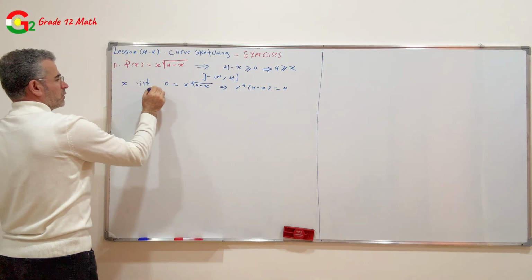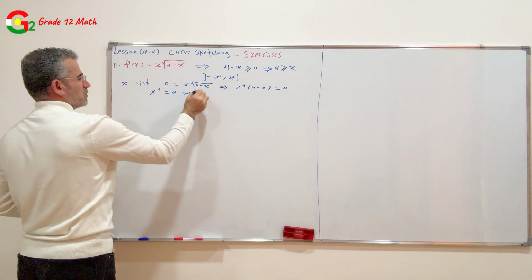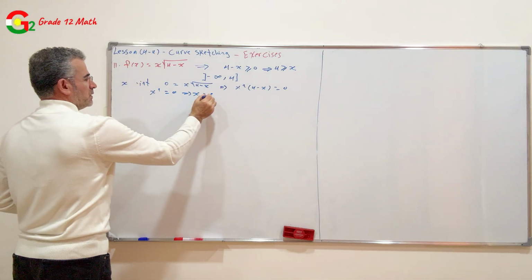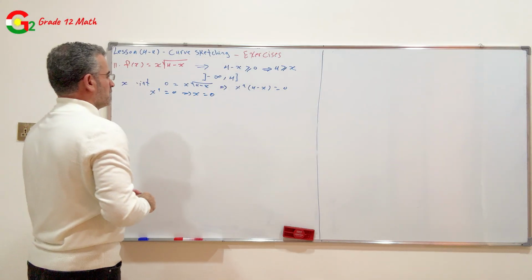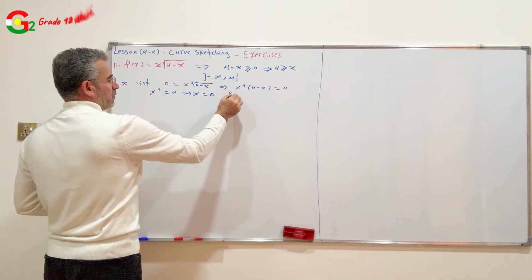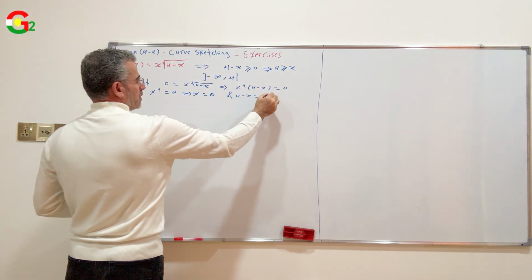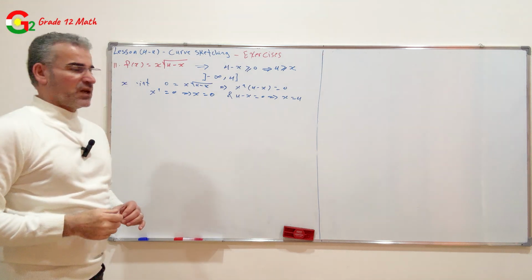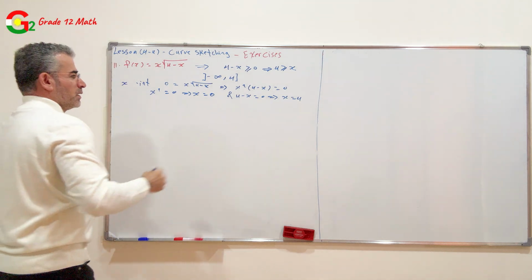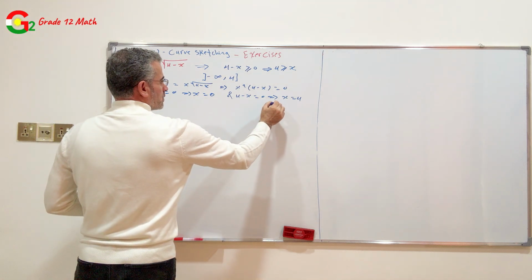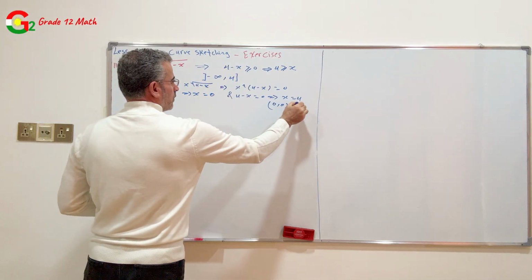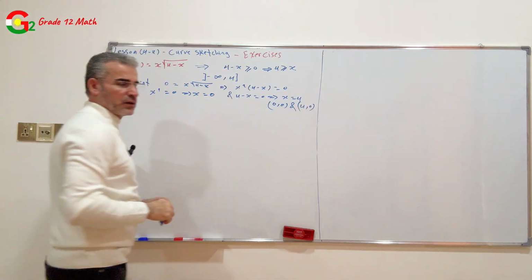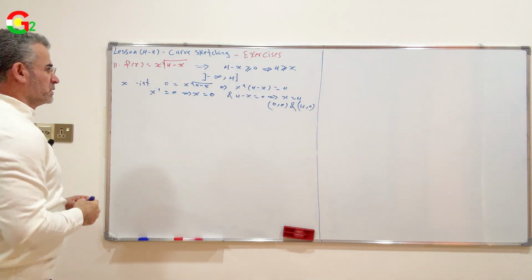Either x power 2 equals 0, then x equals 0 is an x-intercept for this function, and 4 minus x equals 0, then x equals 4 is also an x-intercept for this function. Therefore, (0, 0) and (4, 0) are the two x-intercept points.